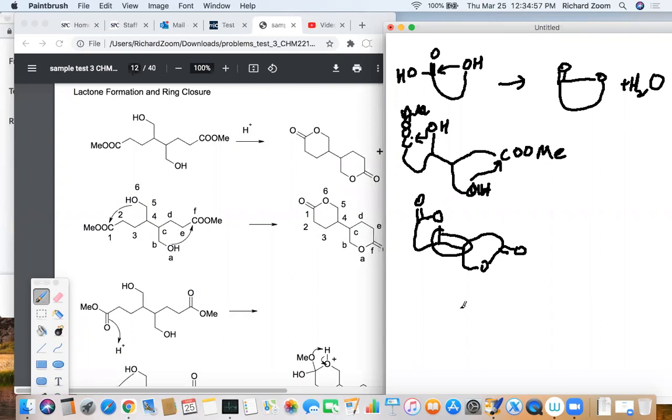What happens if we do the reverse and we have the OHs from the other side? So I'm just going to do the same thing here. And you might be wondering, well, how are you going to know which way it's going?